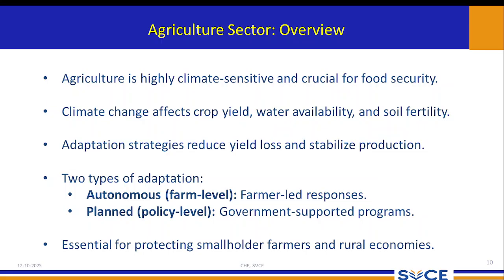You cannot grow it near flat surfaces, because the sun radiation will be more and the water may be stagnant, and it will not grow. So some crops will develop only in certain regions because of the climate. Climate change affects crop yield, water availability, and soil fertility.